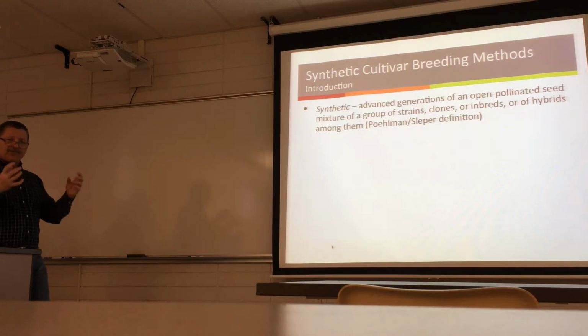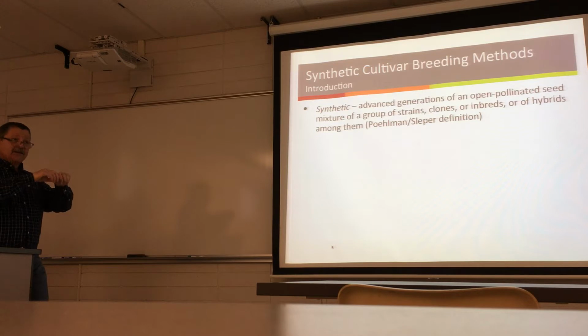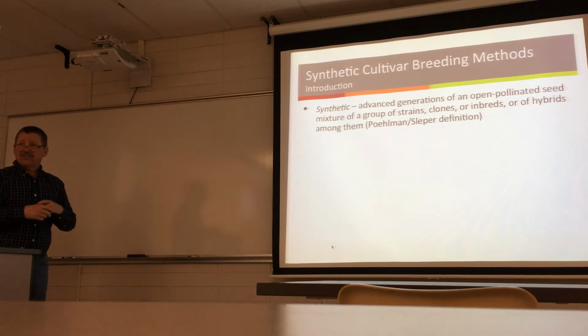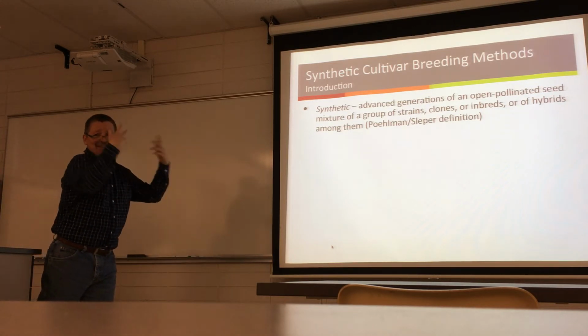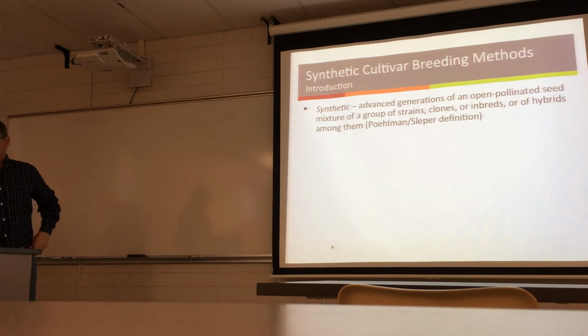So you identify some good individuals in a population, and then you use those superior individuals to intercross them, random mate them as much as you possibly can, and that is the variety. So it's different from an open pollinated cultivar, which I'll talk about in a minute, where the population itself becomes the variety. I'll make that a little clearer in a moment.